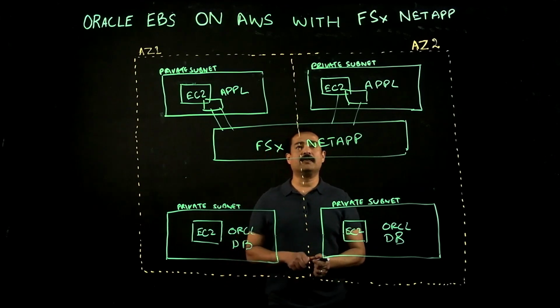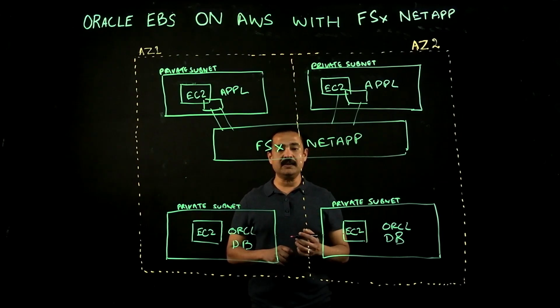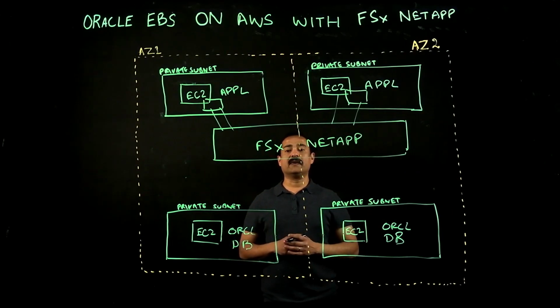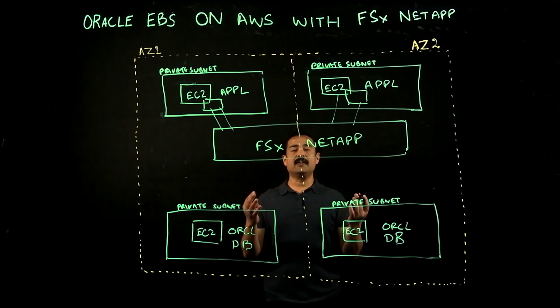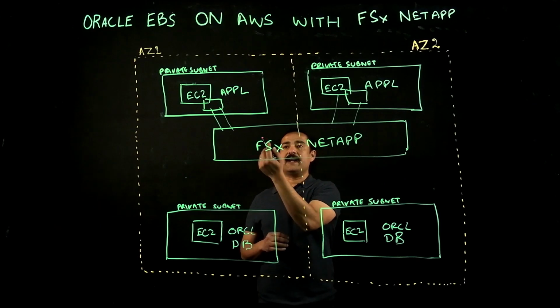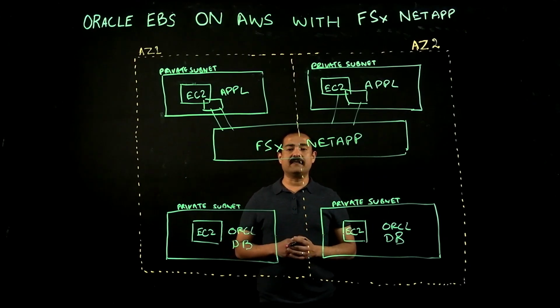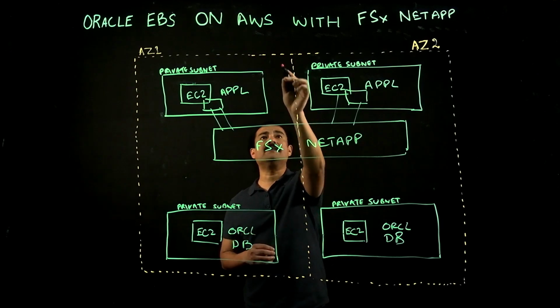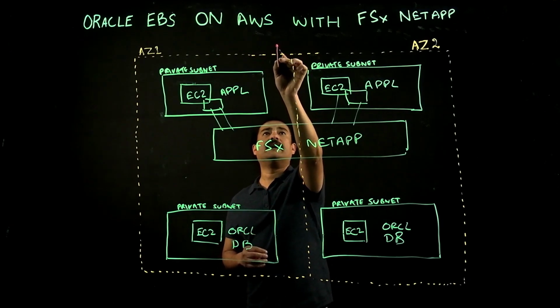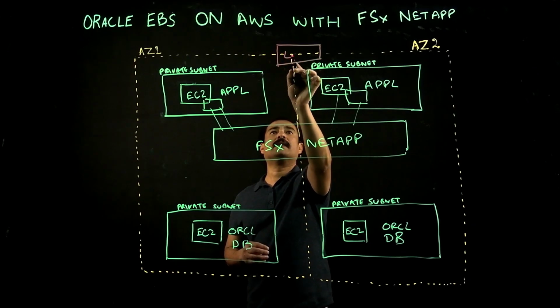Now, another question would be, now that you have multiple EC2 servers hosting the EBS application, how are you going to do the workload distribution, or how are you going to make sure that when the user hits, it is not redirecting to an overloaded server instead of a least loaded server? So for that, what we recommend is to have a load balancer. You can have a load balancer configured with all the application tier nodes.